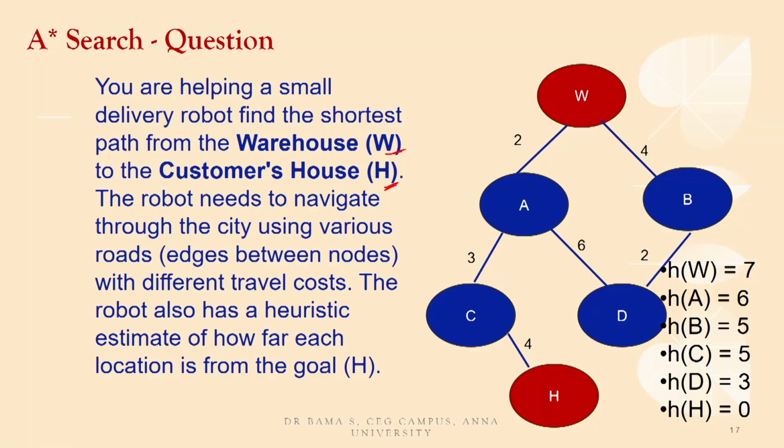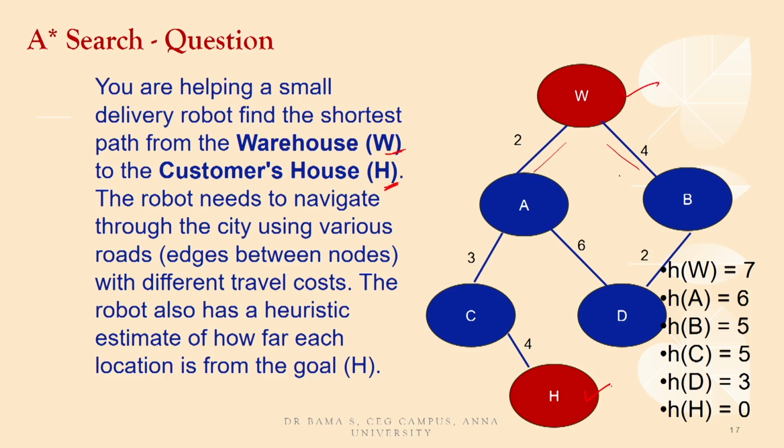So, before we go to the next module, here is a short question for you to work out, which we can discuss the answer to in the next session. The question goes like this: you are helping a small delivery robot to find the shortest path from warehouse W to the customer's house H. So, this is a graph where you have W and H. The robot needs to navigate through the city using various roads.